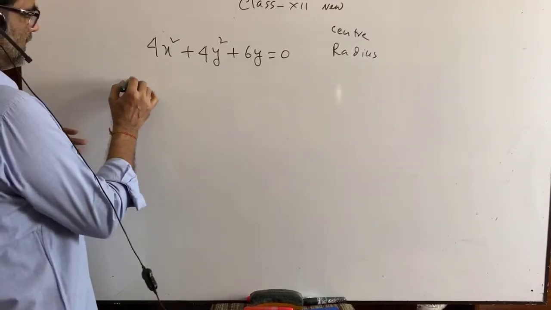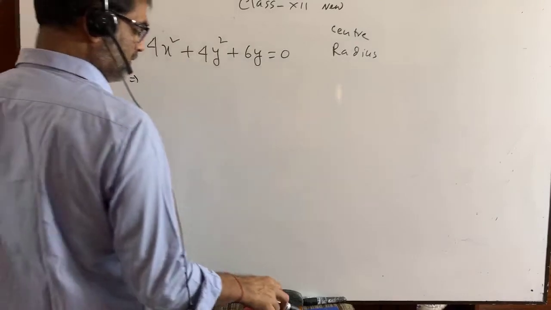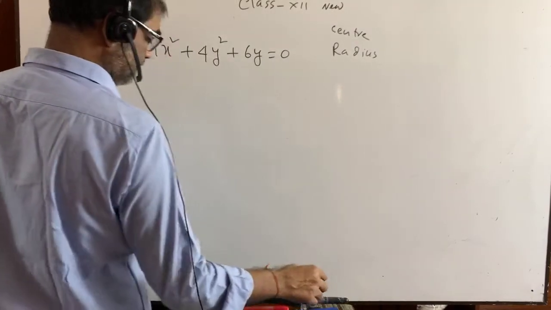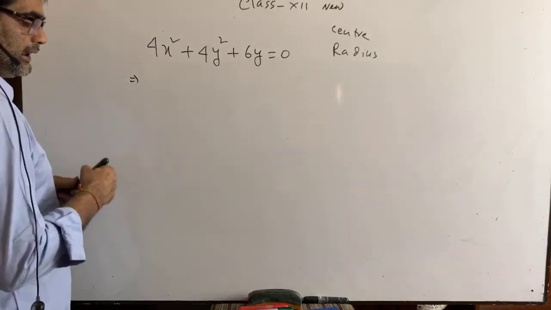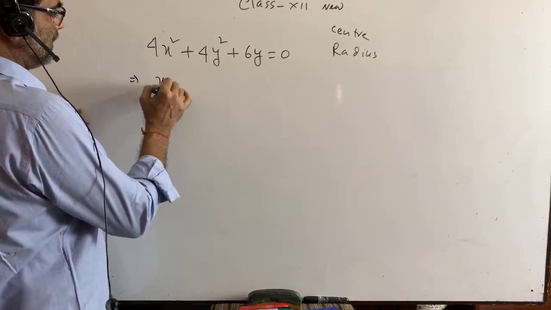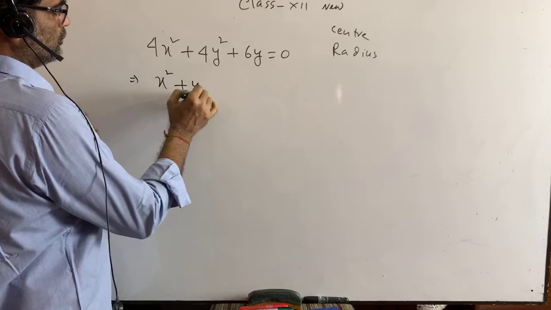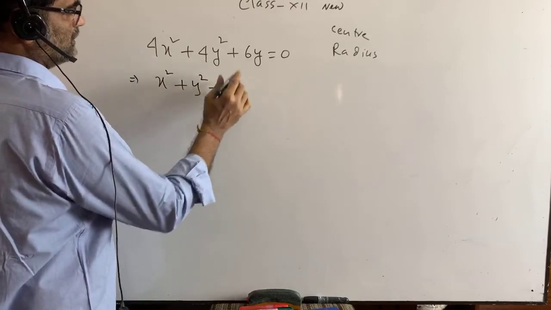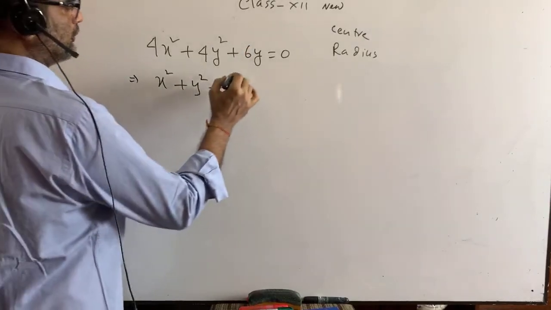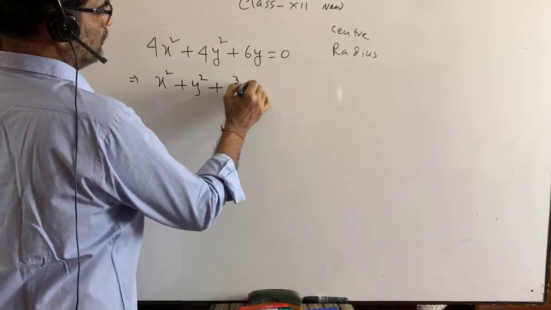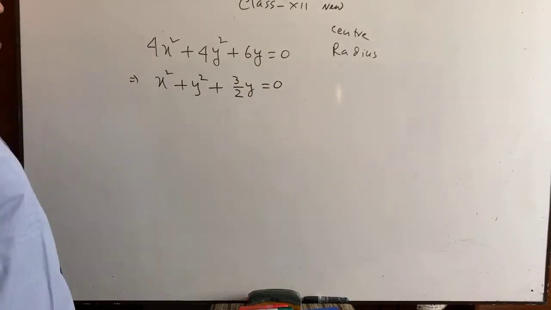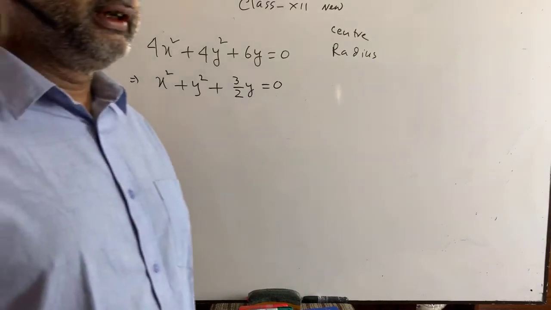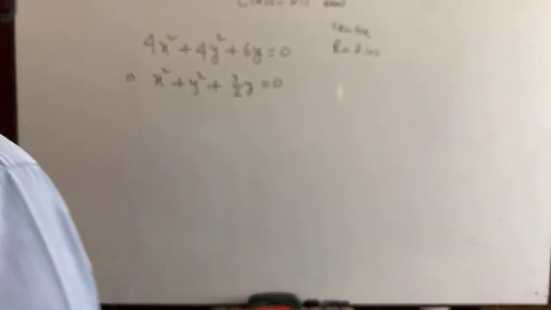Then if we divide by 4, we are getting here x square plus y square plus 6 by 4, that is 3 by 2 y, is equal to 0. Is it right? 6 by 4 equals 3 by 2.